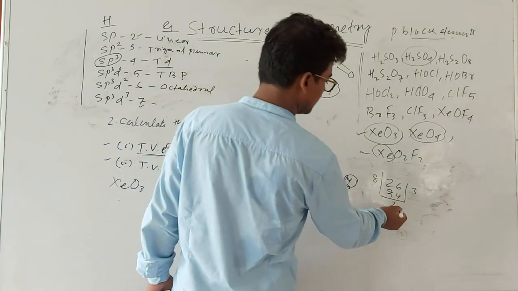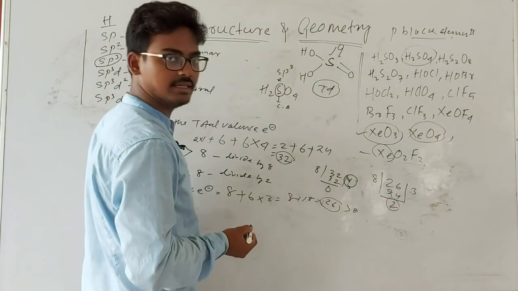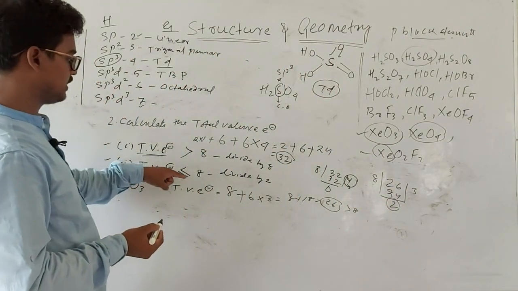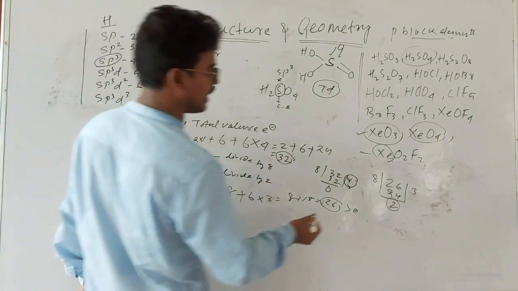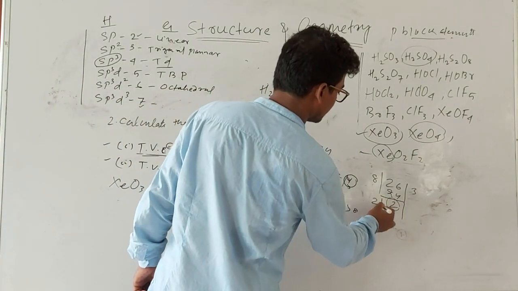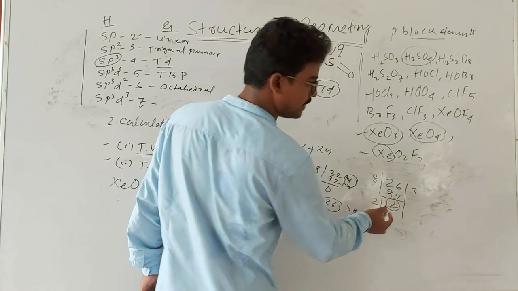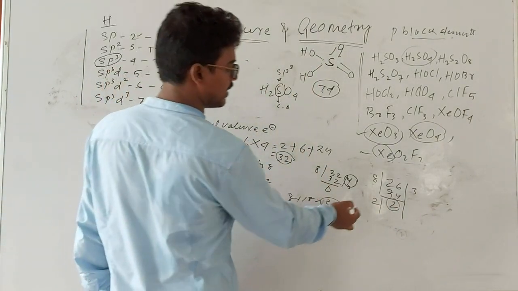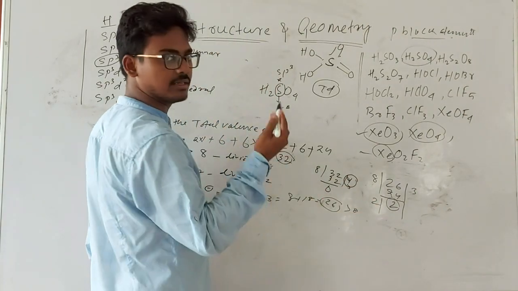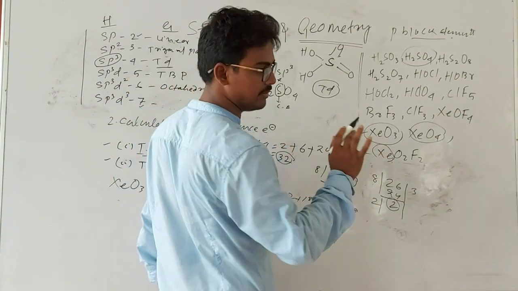If this remainder value is less than 8, I have to divide it by 2. If the remainder is greater than 8, then I have to divide it by 8.